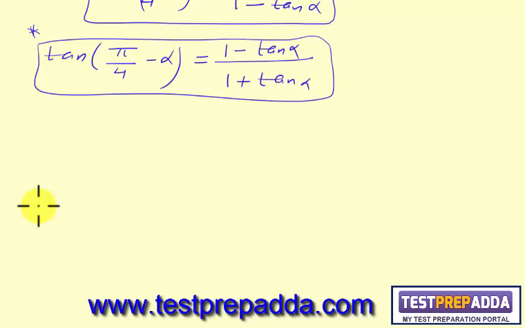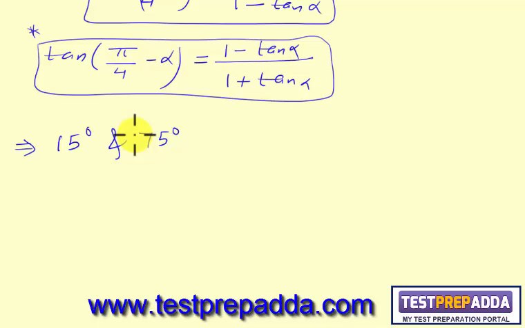Now with the help of these results, we will try to find trigonometric ratios of some important angles. Here, I will try to find the trigonometric ratio for 15 degree and 75 degree.